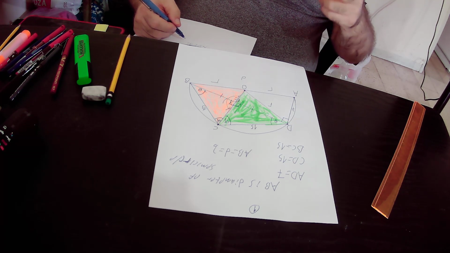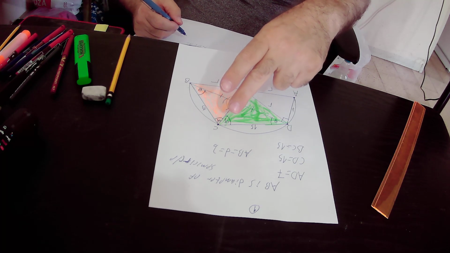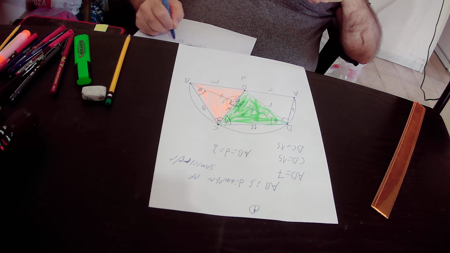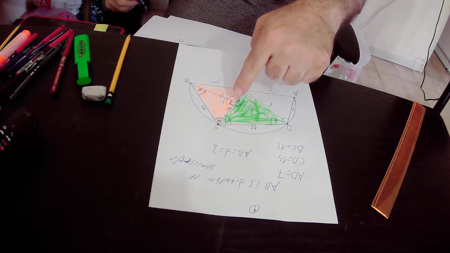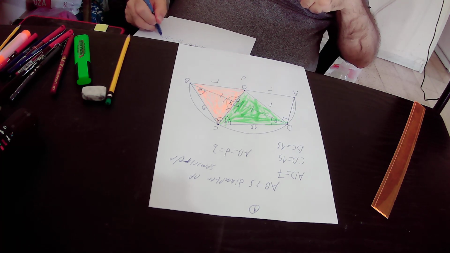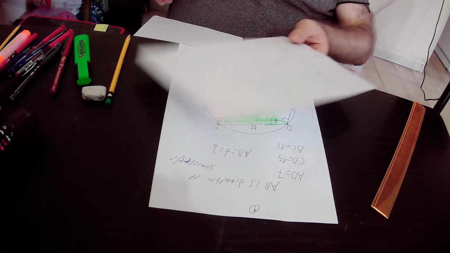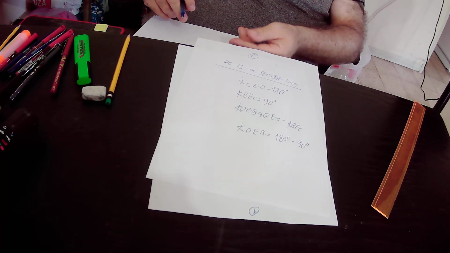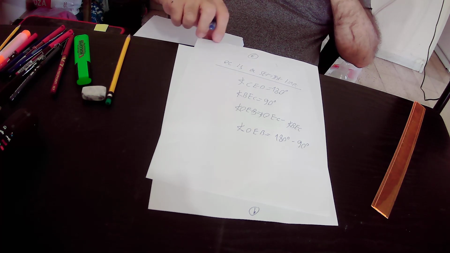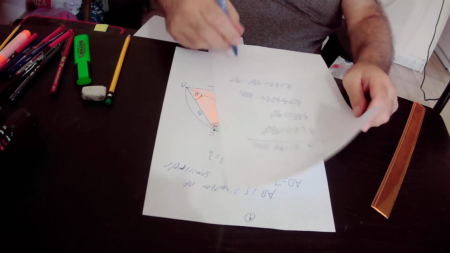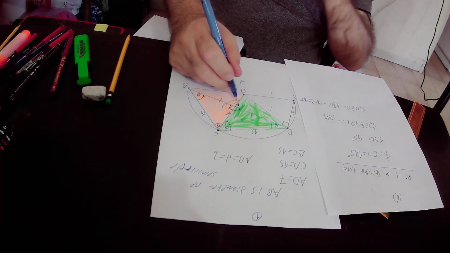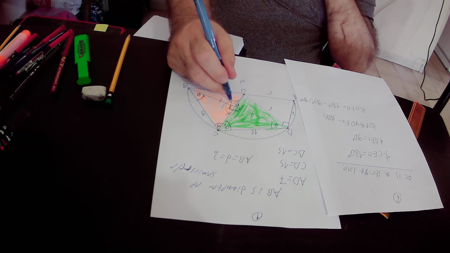So the size of angle OEC equals 180 degrees, and we found that the size of angle BEC equals 90 degrees. So in total, the size of angle OEB equals 180 degrees minus 90 degrees. It is actually 90 degrees. Okay, so this angle equals 90 degrees.